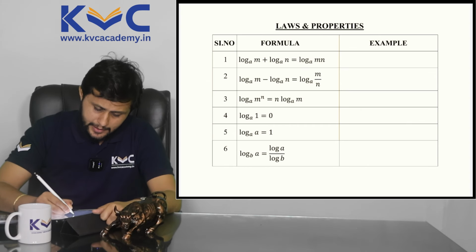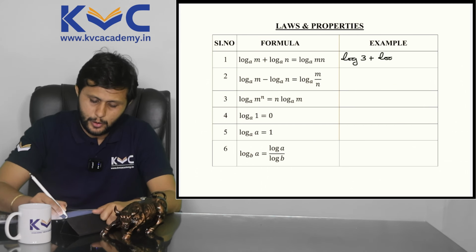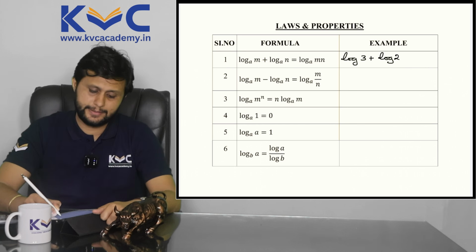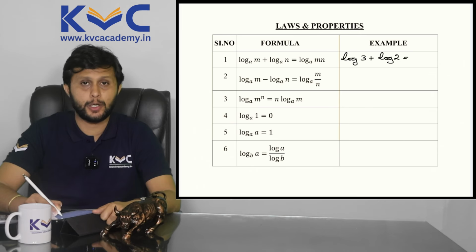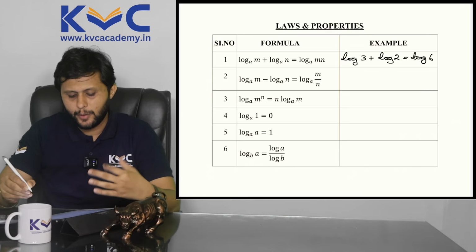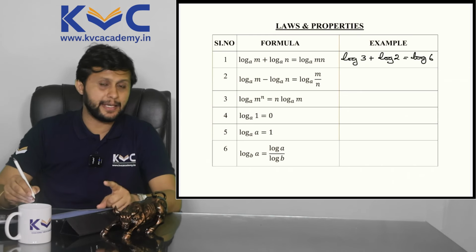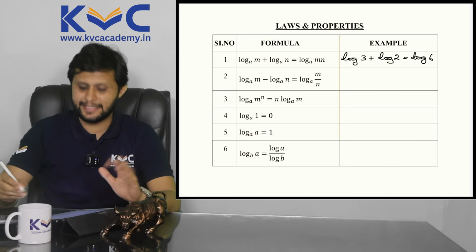For the first two, let me give an example. If I write log 3 plus log 2, how much is this equal to? Log 3 into 2, log 6. Now if you see, I have not written the base. If I do not write the base, it is understood it is base 10.